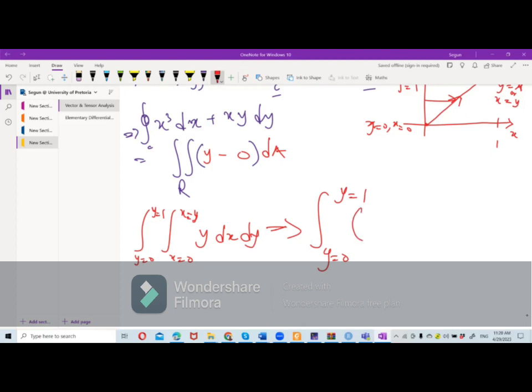If I integrate this one, I will have xy, with x from 0 to x equals y, everything dy.